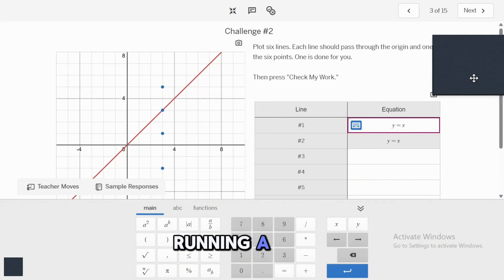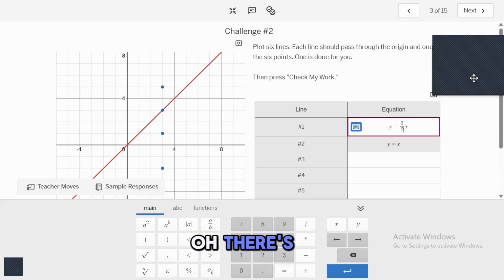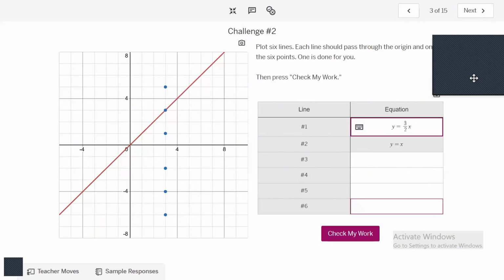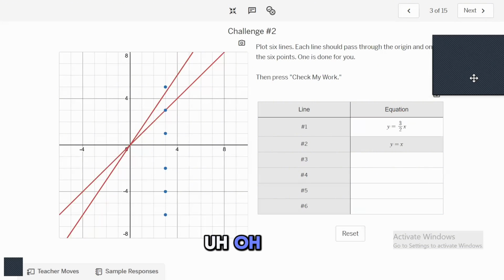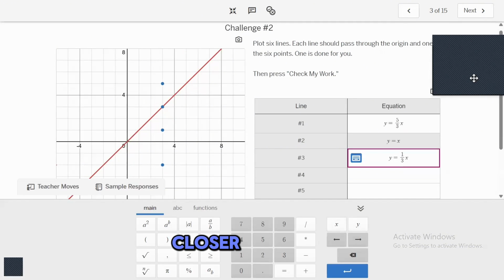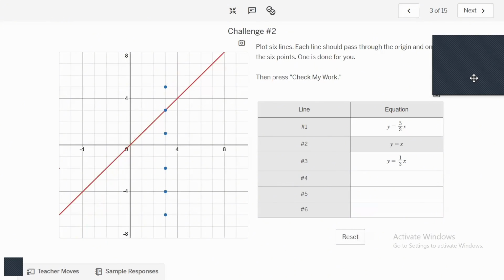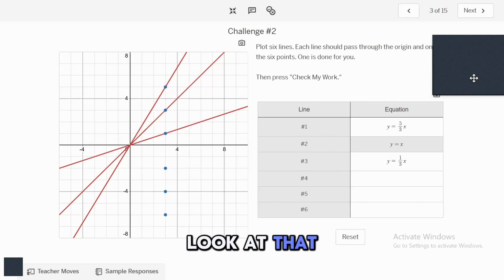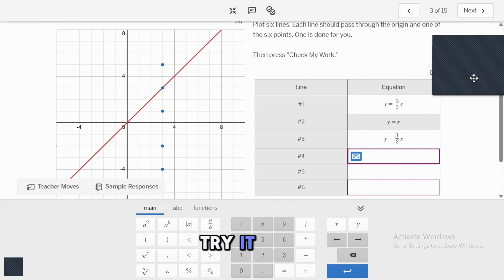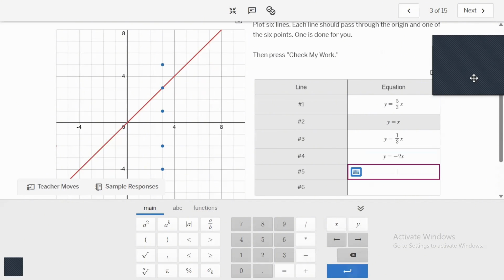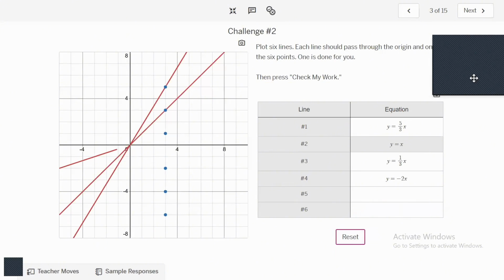This computer's running a little slow. Oh, there's X and Y. I knew it should be there. Uh-oh, get closer. And then click check your work. Look at that. Negative X, let's try it. Oh, negative 2. The marker said negative 2x.